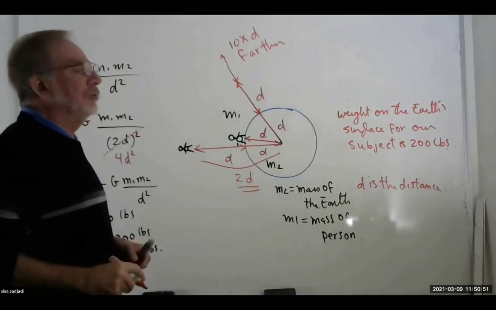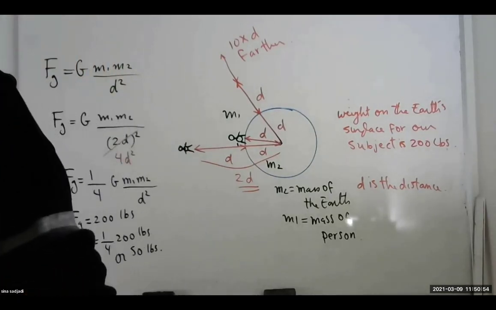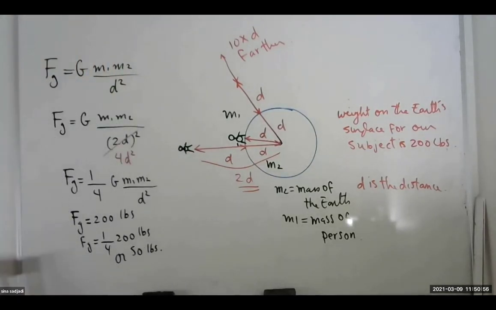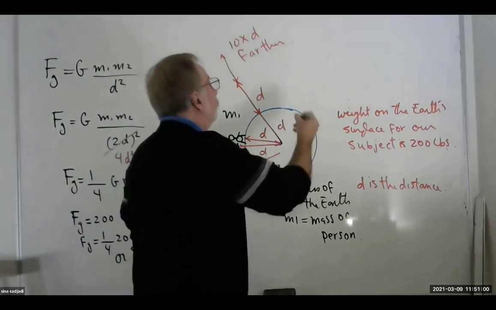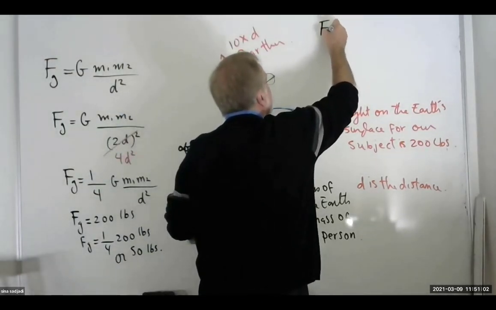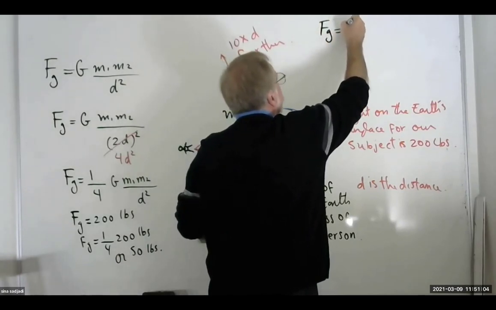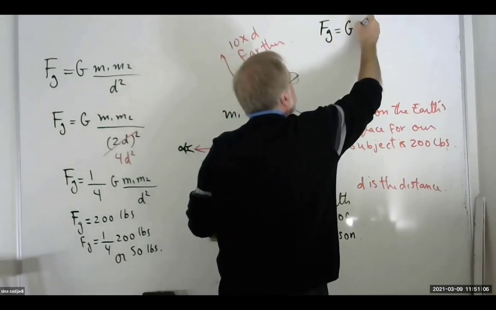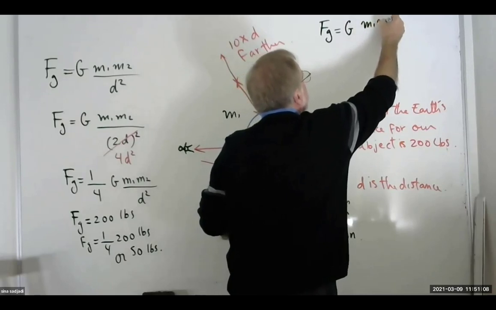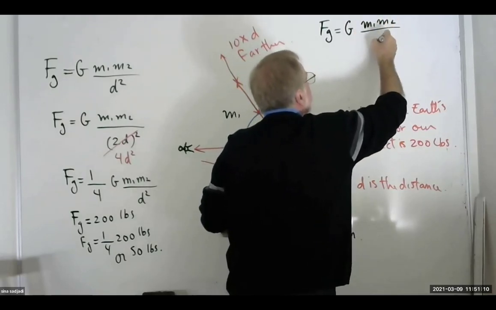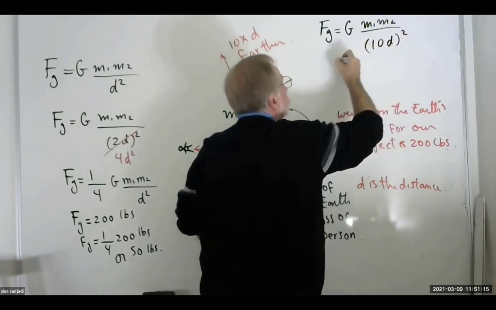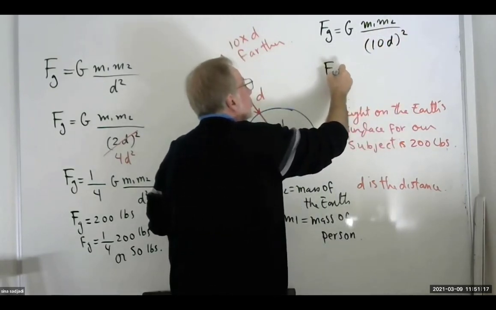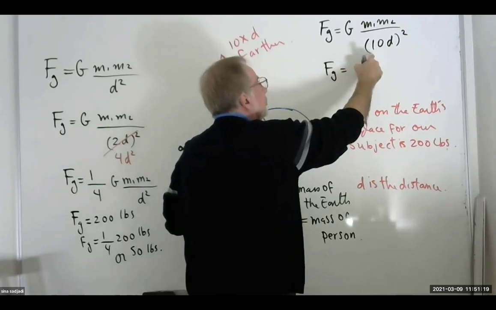Now what happens if you go 10 times farther? How much would it drop now? Well, let's do the same exact thing again. The force of gravity is going to be equal to G times M1 times M2 divided by 10D to the power of 2. 10D squared is going to be equal to 100D squared.